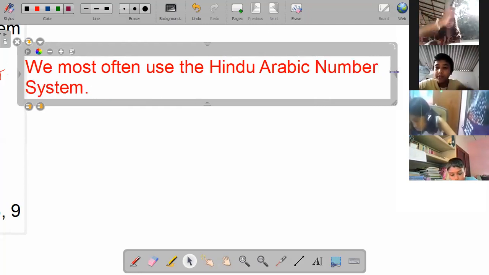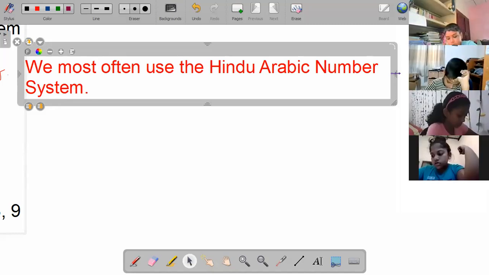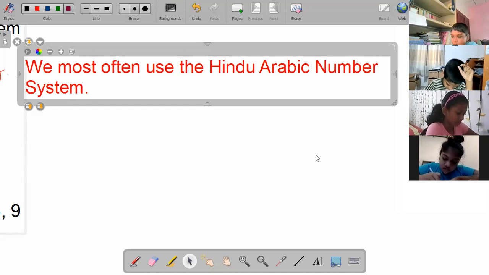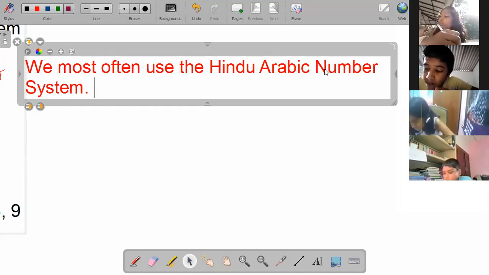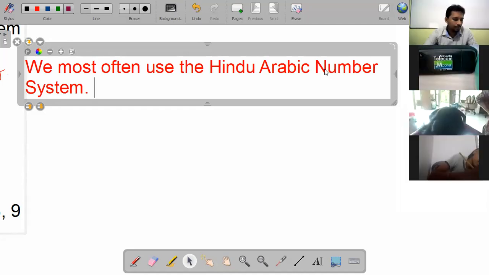We most often use the Hindu Arabic number system. අපි බහුලව භාවිතා කරන්නේ මොනවද? Hindu Arabic number system.